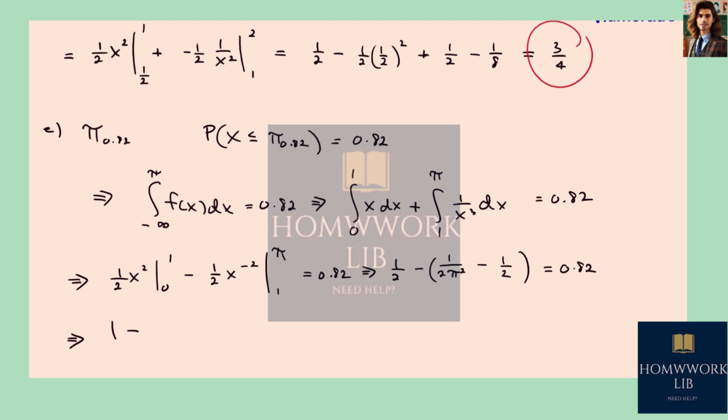So we end up with 1 minus 1/2 times 1 over pi squared equal to 0.82. And so pi comes out to 5/3.